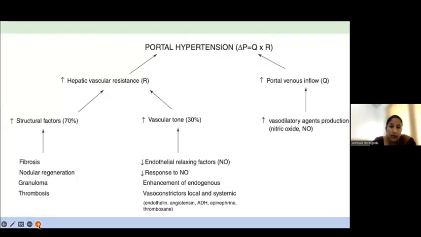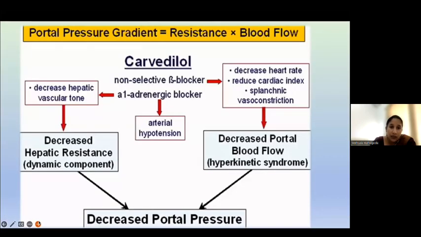So when we look at the pathophysiology of portal hypertension, there are several mechanisms we can discuss. One is increased hepatic vascular resistance, with structural factors as well as increased vascular tone due to endothelial relaxing factors. The other would be the portal venous inflow. Carvedilol acts on these.